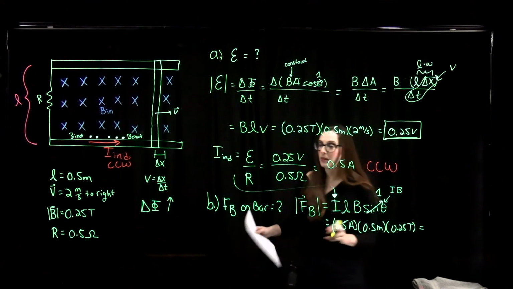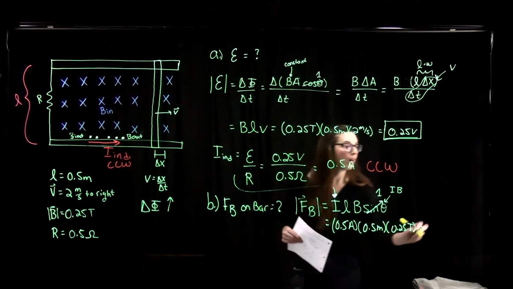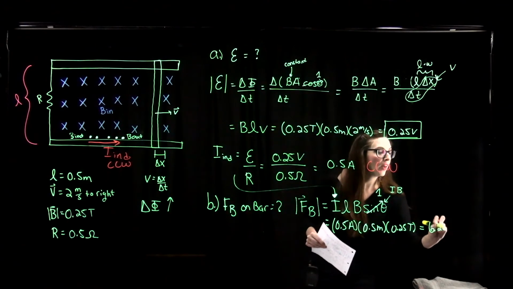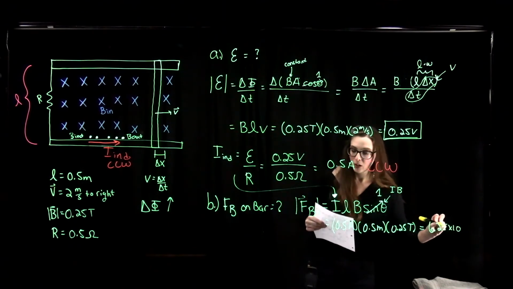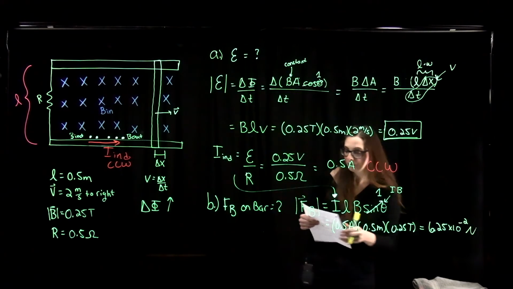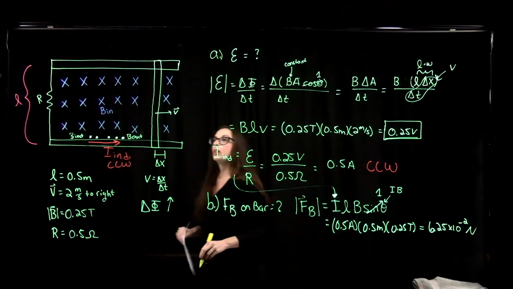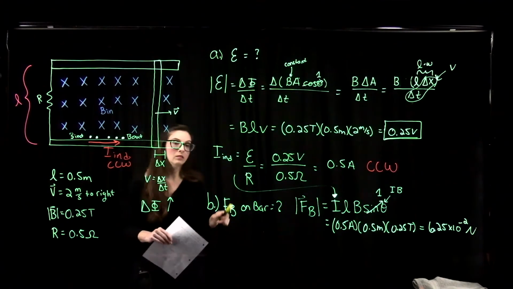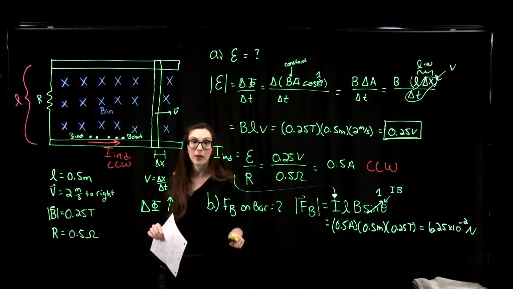And so that gives me a magnetic force on the bar of 6.25 times 10 to the minus 2 newtons.